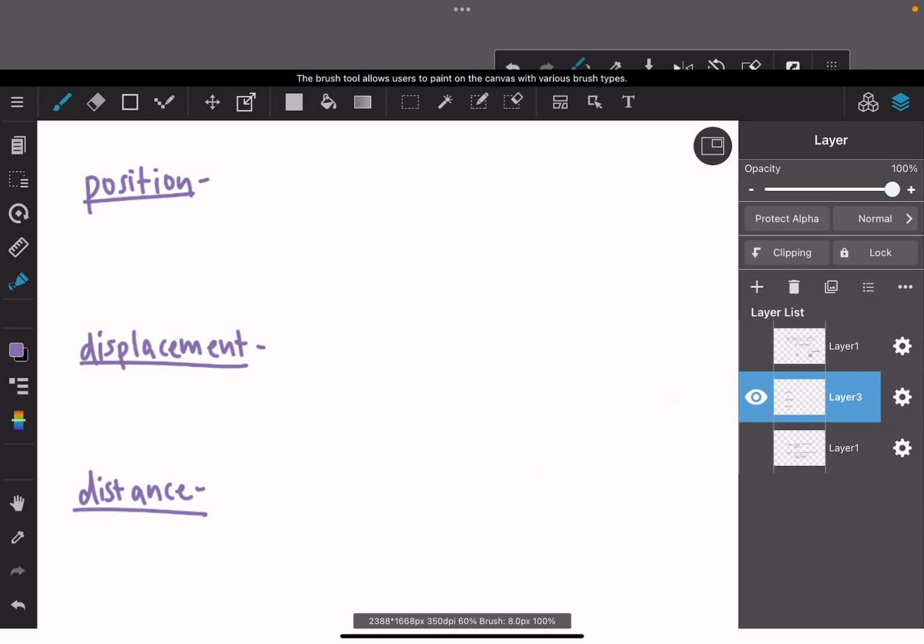Now let's define position, displacement, and distance. So what is position? Position indicates the location of an object. Now, is that a scalar or a vector quantity? Well, I'll give you a hint. Another description of position is that it is the linear distance and direction from a point of reference. So, if you said it is a vector quantity, you would be correct.